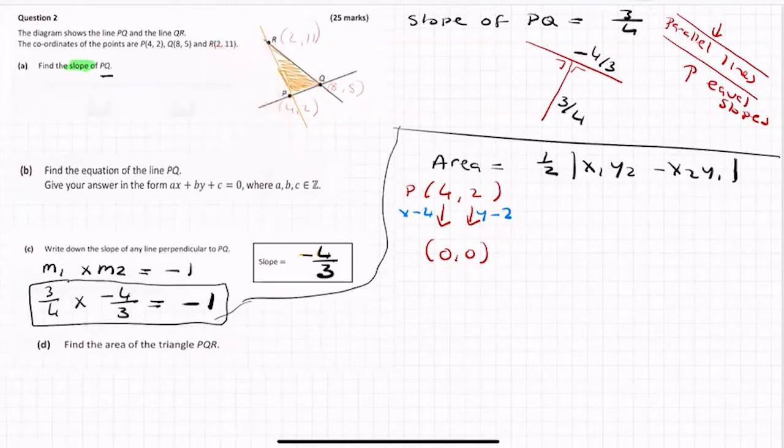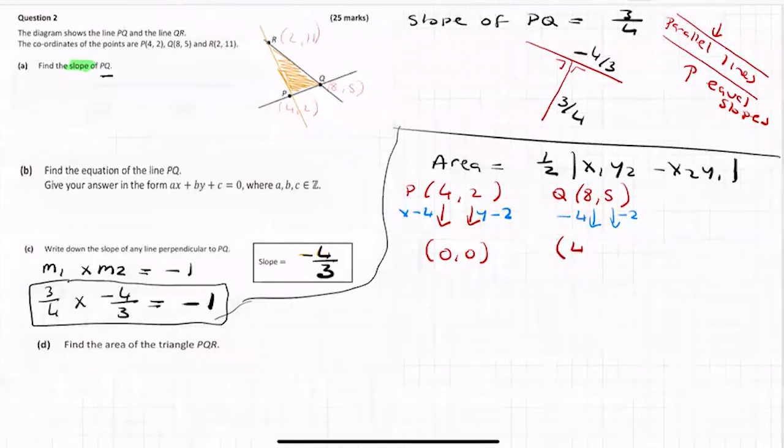Okay, so how do we do it? Well, you take Q then, which is (8, 5), and you minus 4 off the x and you minus 2 off the y, so that you end up with 8 minus 4 here to give me 4, and 5 minus 2 over here to give me 3.